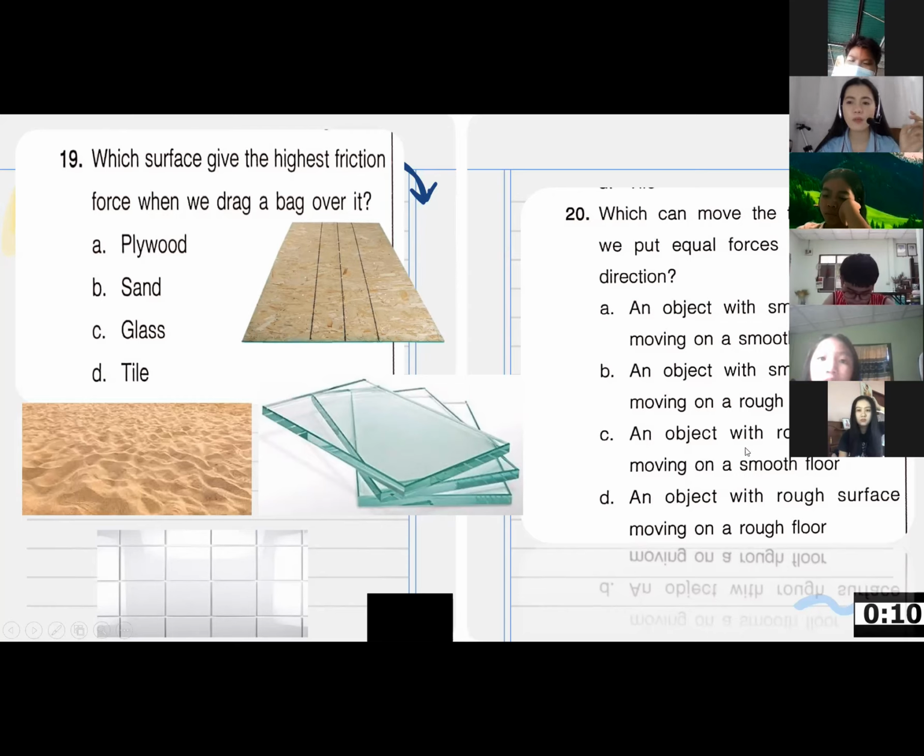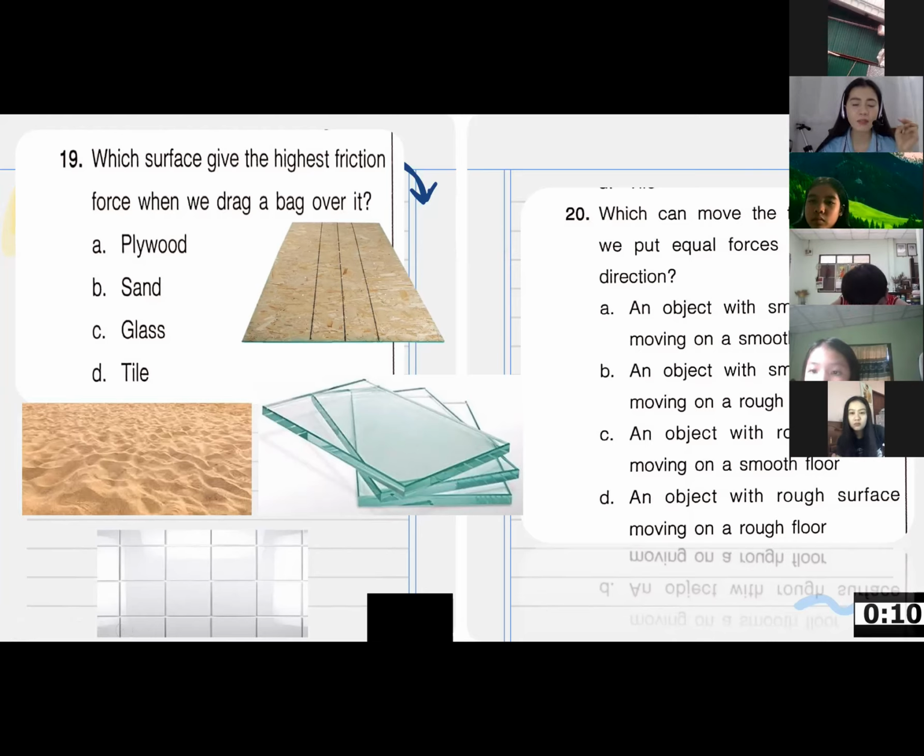C. An object with a rough surface moving on a smooth floor. D. An object with a rough surface moving on a rough floor. I repeat. A. Smooth, smooth. B. Smooth, rough. C. Rough, smooth. D. Rough and rough. Which can move the farthest when we put equal forces in the same direction?